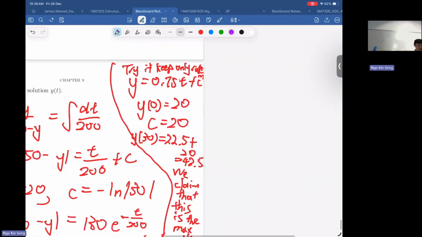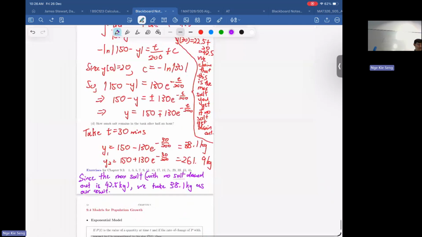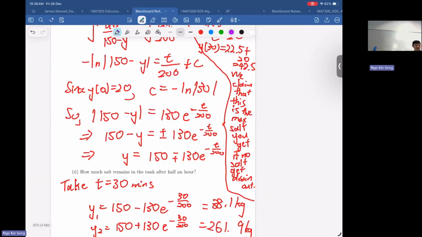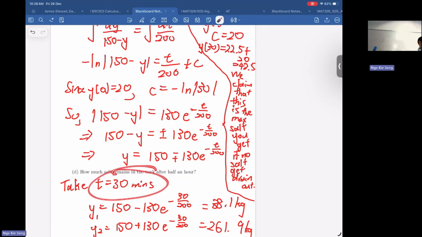So the solution that makes sense should be something less than 550 or even 42.5, because we have the exact time given. So we pick 38. I'm not sure why the textbook can straight away throw away the other condition. I need to check again if I missed anything from the absolute part.